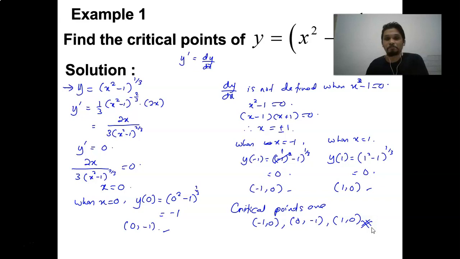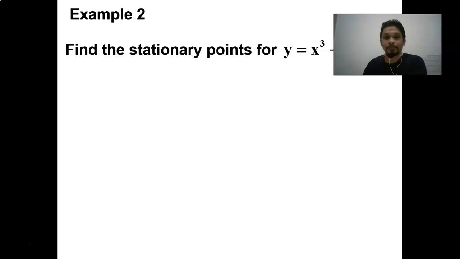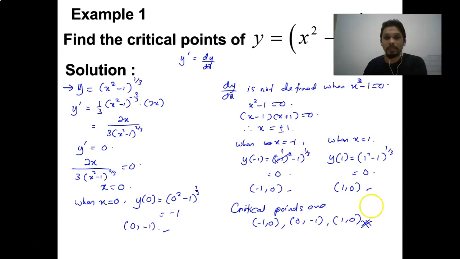There you go. These are all the critical points: negative 1, 0, 0, negative 1, and 1, 0.